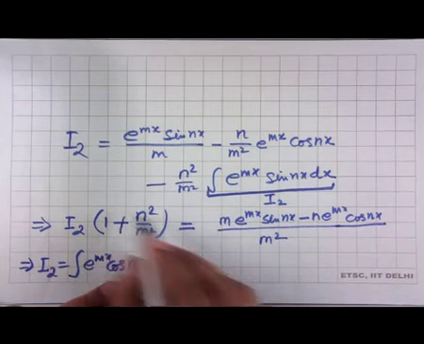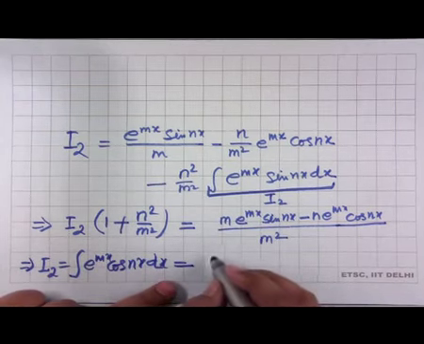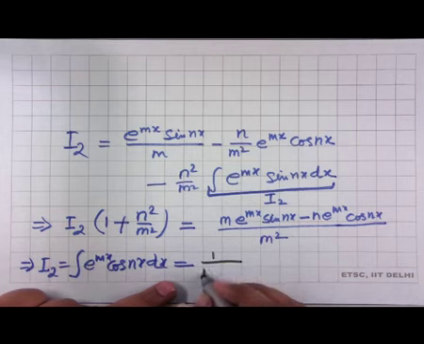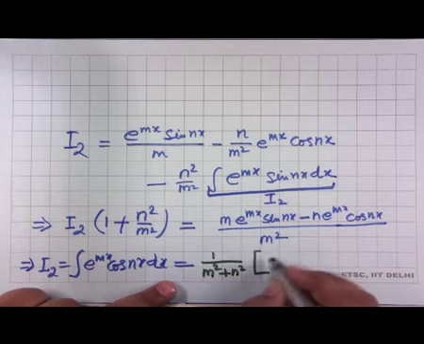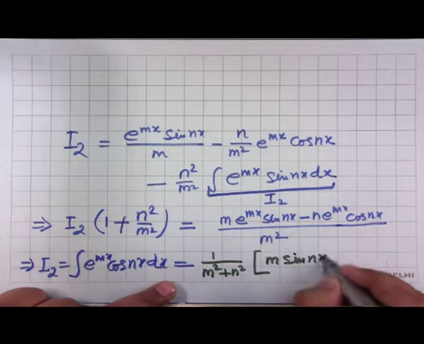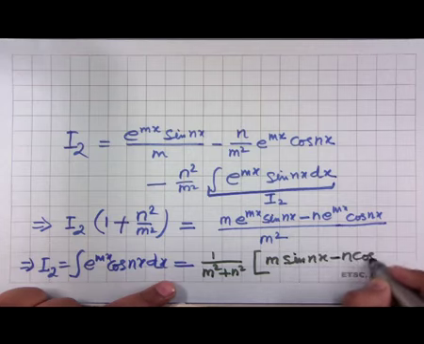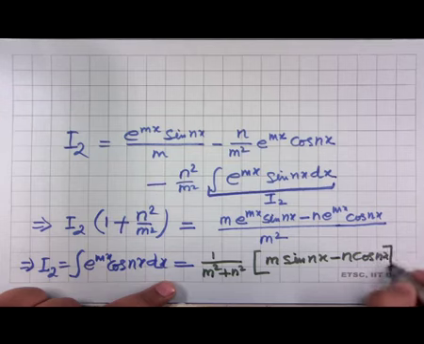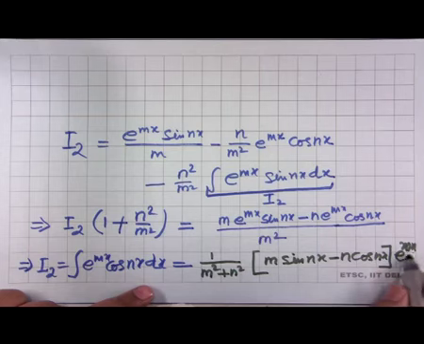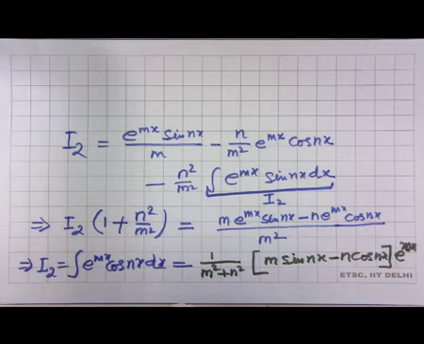So, here you will get m square plus n square, which will come in the denominator, 1 by m square plus n square, into e raised to power mx, which is common, times m sin nx minus n cos nx.